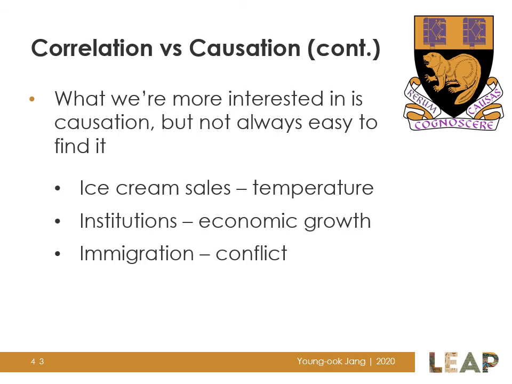The relationship between ice cream sales and temperature is obvious, but it's not always as obvious as this. If you think about the relationship between institutions and economic growth, we tend to think that the quality of institutions is important in determining the size of economic development. If you have good private property right protection, then you might have higher economic growth.